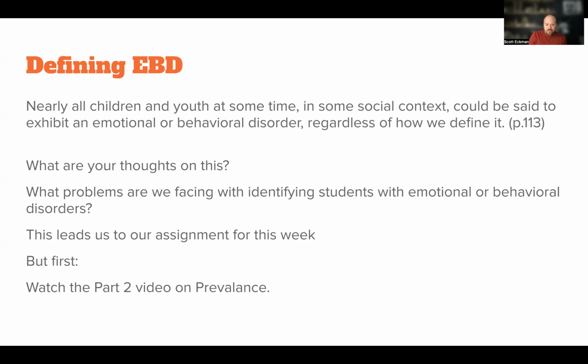And that lends itself to this idea that we might be underrepresenting or underservicing students who might actually have an emotional behavioral disorder. So what are your thoughts on that? Do you agree? And what are the problems that we're facing with identifying students with an emotional disturbance?